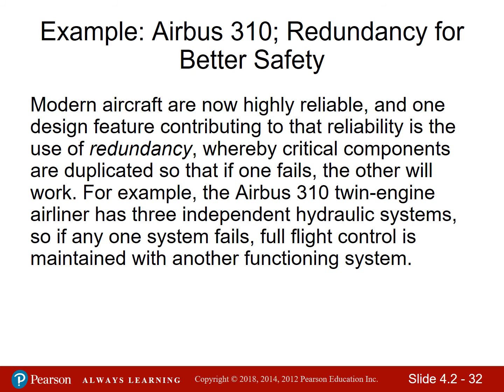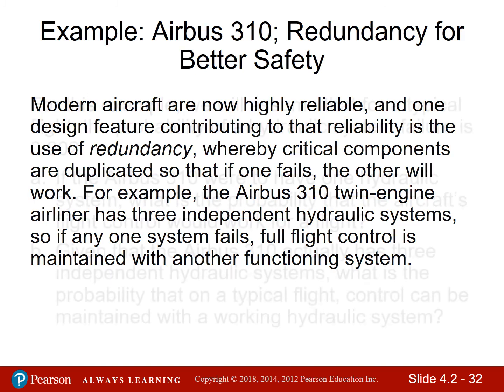Modern aircraft are now highly reliable, and one design feature contributing to that reliability is the use of redundancy, whereby critical components are duplicated so that if one fails, the other will work. For example, the Airbus 310 twin-engine airliner has 3 independent hydraulic systems. So if one system fails, full flight control is maintained with another functioning system.